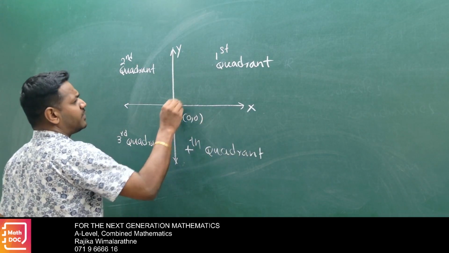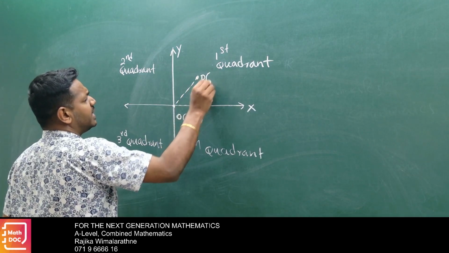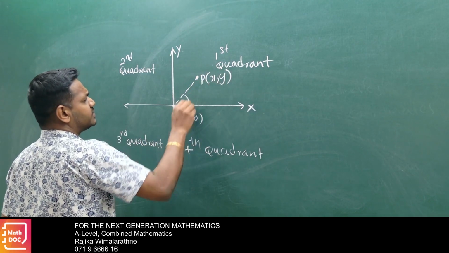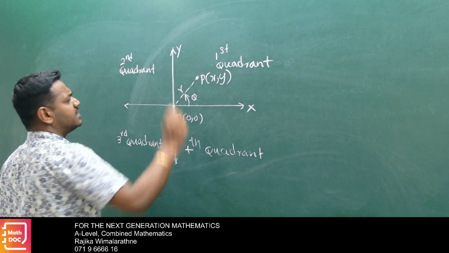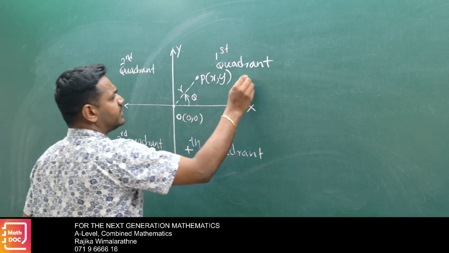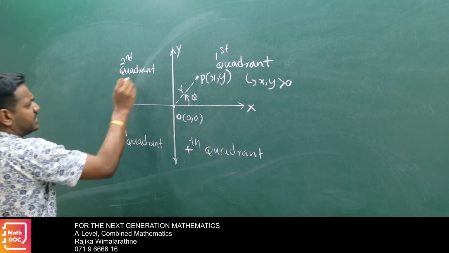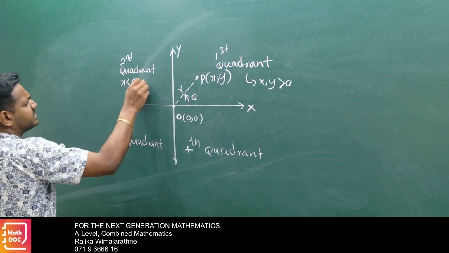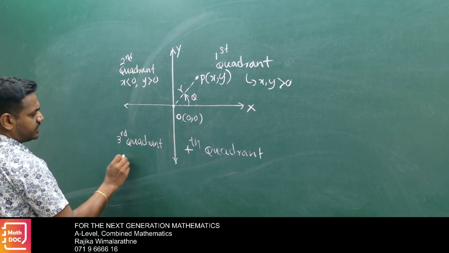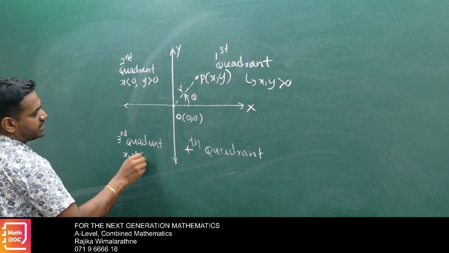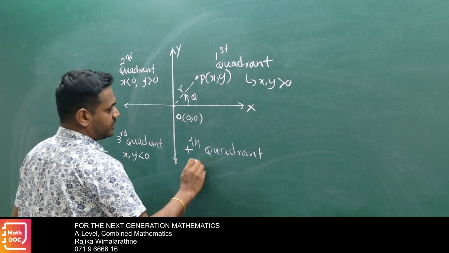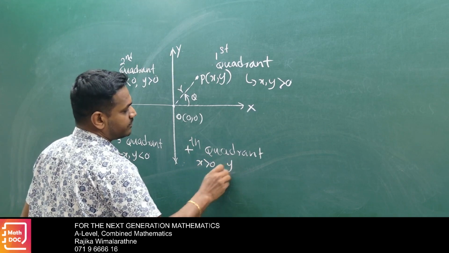Consider here point P, let's say a variable point x comma y, that varies with theta. In the first quadrant we know x, y both positive. Second quadrant, x negative, y positive. Third quadrant, x, y both negative. And fourth quadrant, x positive, y negative.